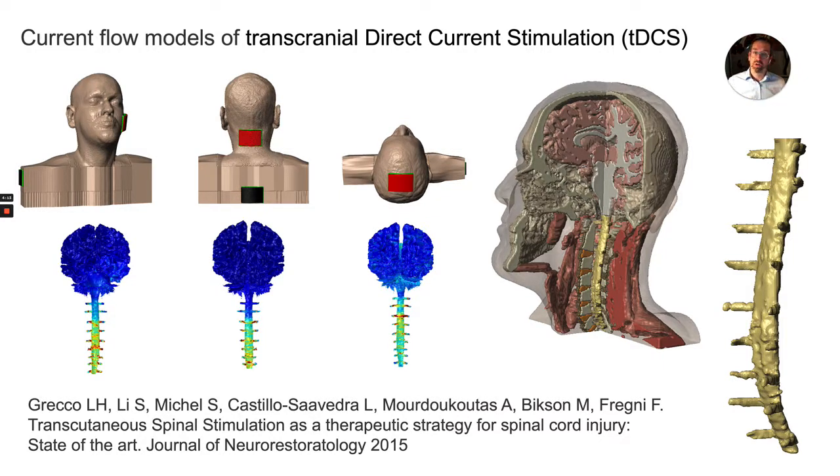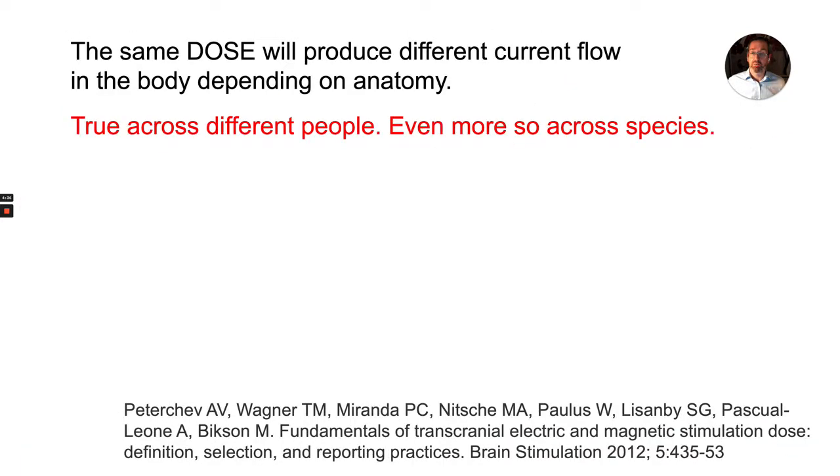But in the case of transcutaneous spinal cord direct current stimulation, there's now this importance to develop very accurate models of the spinal cord itself, and equally important, the surrounding tissue. So the vertebrae, other soft tissue, muscles, skin, all the way out to the surface. But today I'm not going to be focusing on models of current flow in humans, but the work we've done to develop these models in animals.